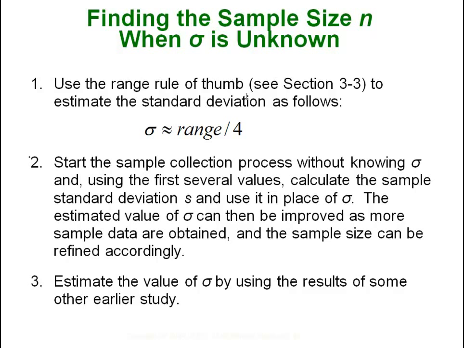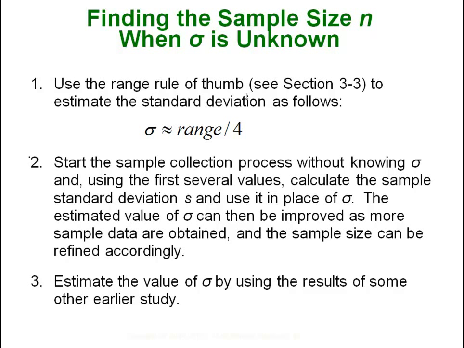Well, we have a couple different ways of estimating it. We can use the range rule of thumb, which is take the range of your data, divide by 4, and that's roughly what the standard deviation is. It's a horrible estimate, but sometimes it's the best we can do. You can also start collecting data, calculate the standard deviation of your sample, and then use that as your best point estimate for the standard deviation of the population, and then calculate how big your sample size should be based on that.